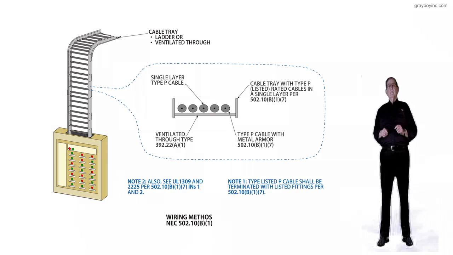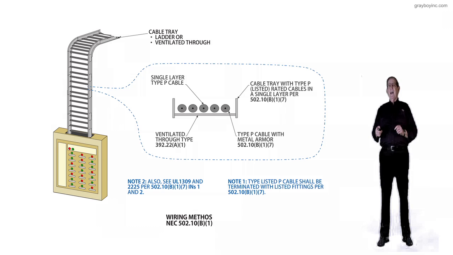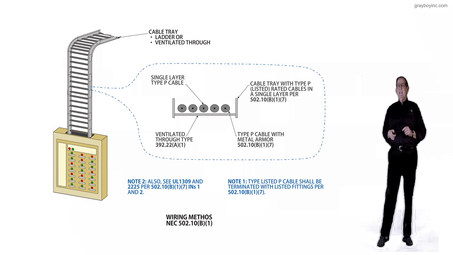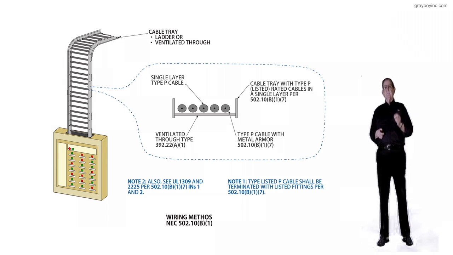Now, if you notice, the first called out information to the bottom right hand side of that cable tray talks about type P cable with metal armor, 502.10(B)(1), item number 7.